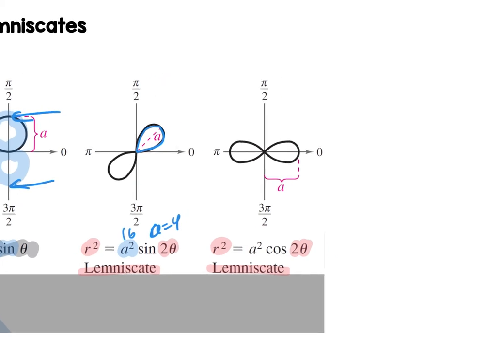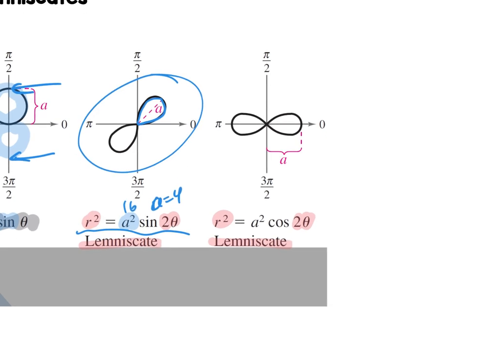Now the rules of symmetry don't apply the same way because R is squared. Notice that this has a sine in its equation, but it is not symmetric to the pi over 2 line, okay? So the rules of those shortcuts only apply if R is raised to the first power. If it is squared, it's always going to be symmetric.